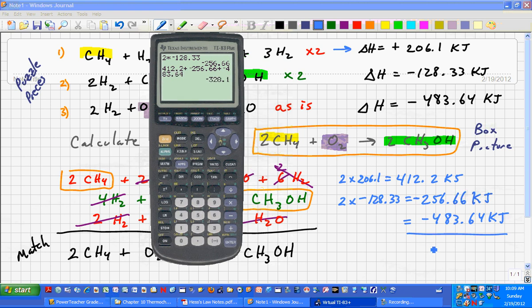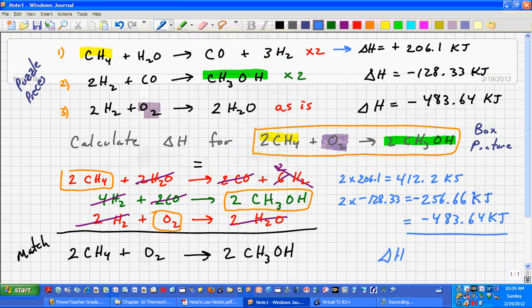Hit enter. I get negative 328.1. So delta H for the overall reaction is a negative 328.1 kilojoules. So this is my answer. This is the delta H for this reaction. Again, what I did was I took my steps, manipulated them, added up the delta H's, and got the delta H for the overall reaction.